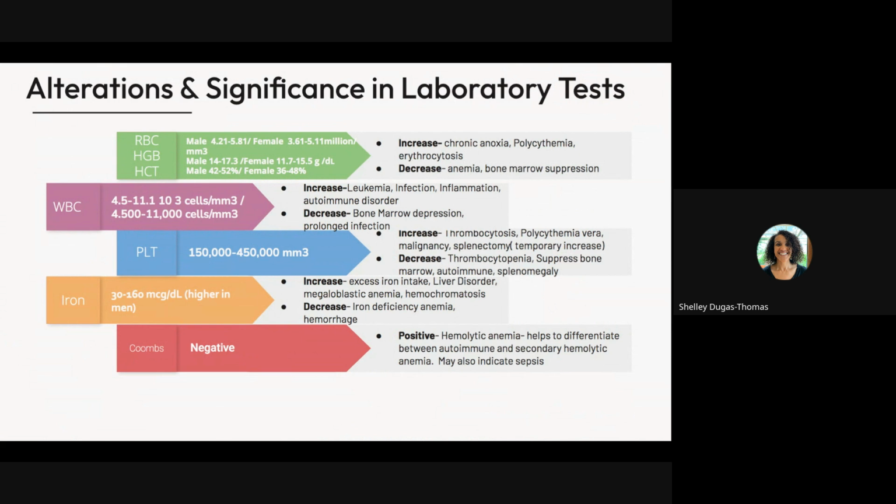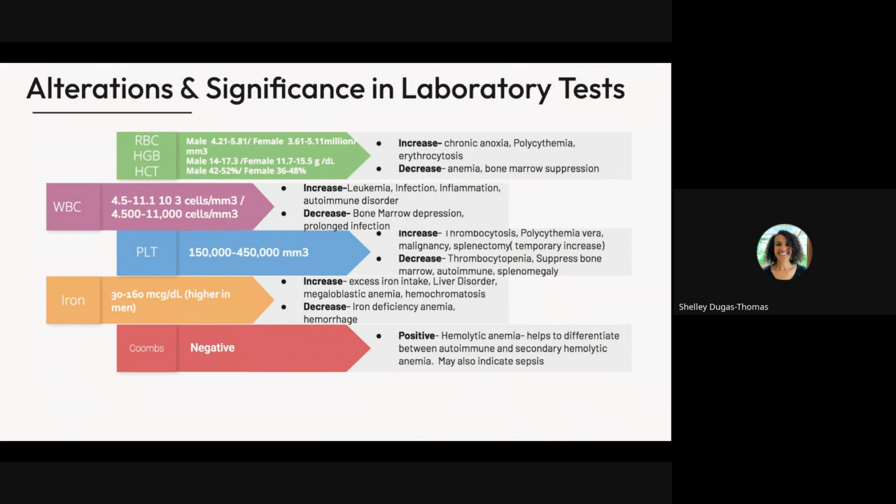If you have a low white blood cell count, that's leukopenia, which is a risk for infection and may indicate bone marrow suppression. If you have a high white blood cell count, that usually means there's an infection, inflammation, or leukemia. Low platelets, which is thrombocytopenia, means there's increased bleeding risk. High platelets is increased clotting risk.